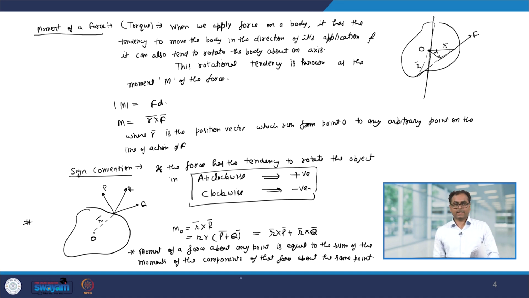So, this is the statement that we have just shown, that you take a force, you break it into two forces, then the moment of that force about the point will be equal to the moment of those forces that we have broken it into about the same point.